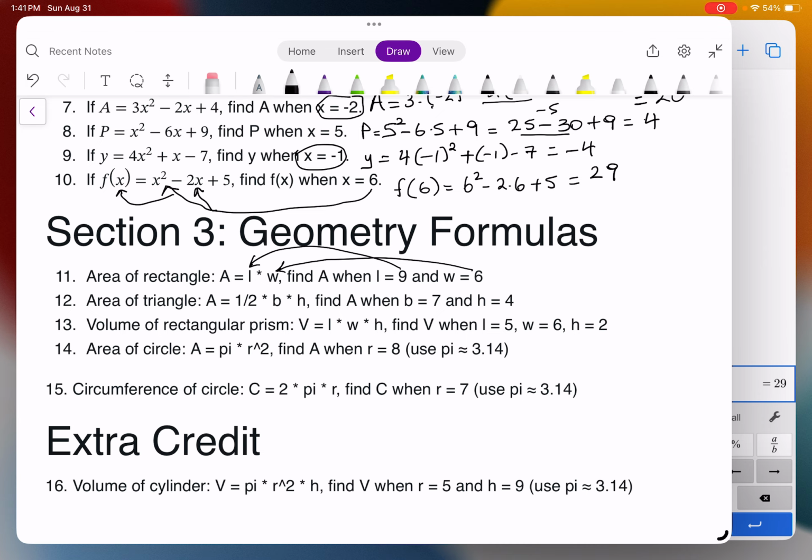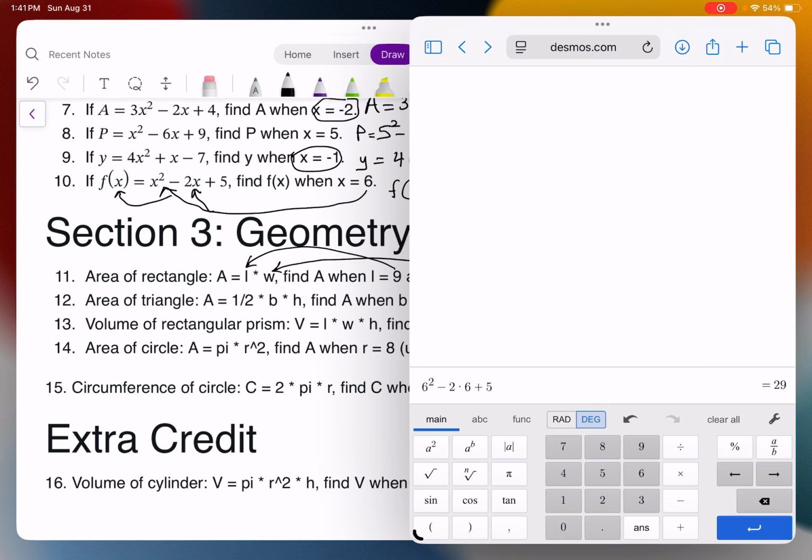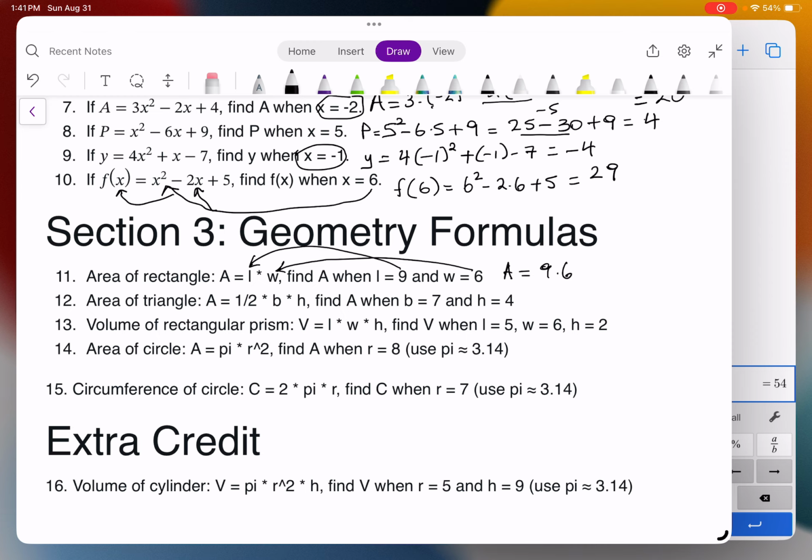So that's the area of a rectangle. A equal 9 in place of L times 6 in place of W. Again, even if it's very simple, if you want, you can use your calculators. 9 times 6, and you get 54.